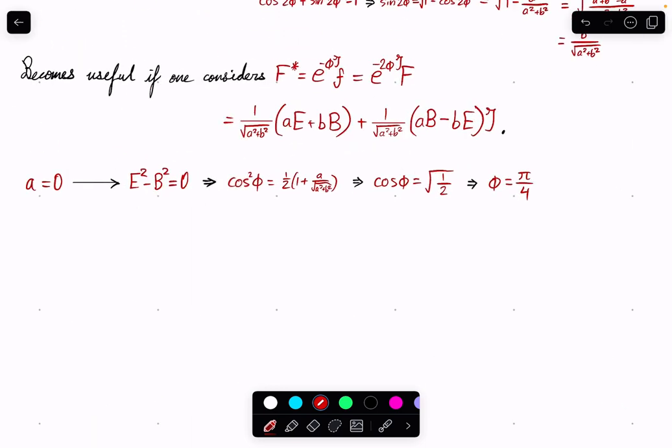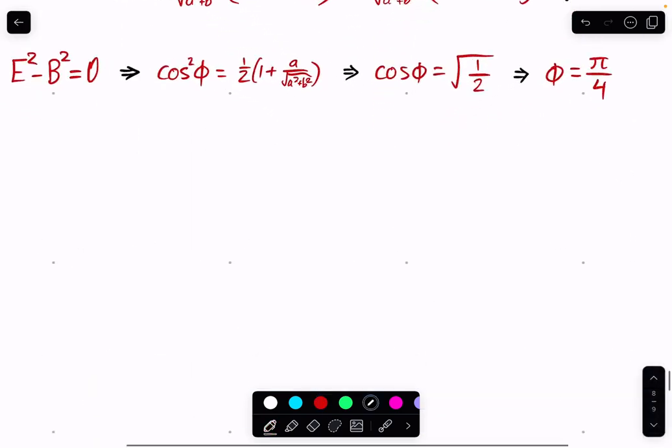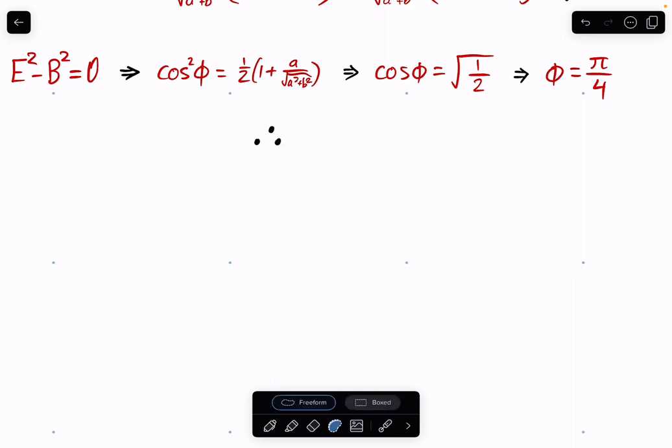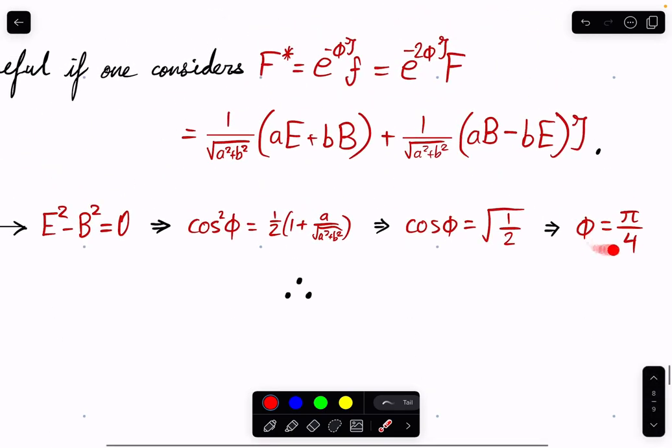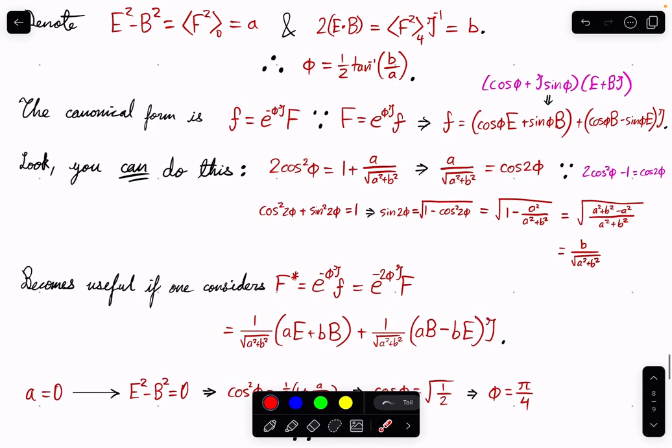And what this does, if we then take this phi equals pi over 4, and we insert it into the canonical form of the bivector, you're going to get that this is equal to 1 over the square root of 2 for each coefficient.